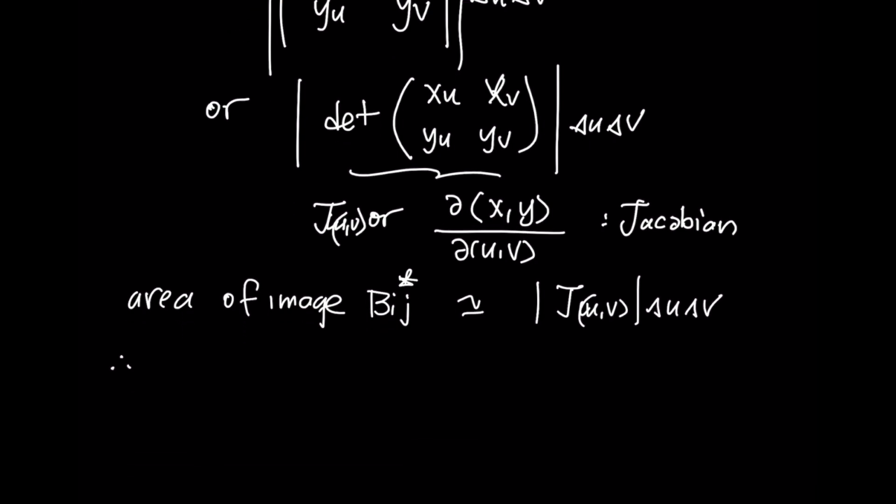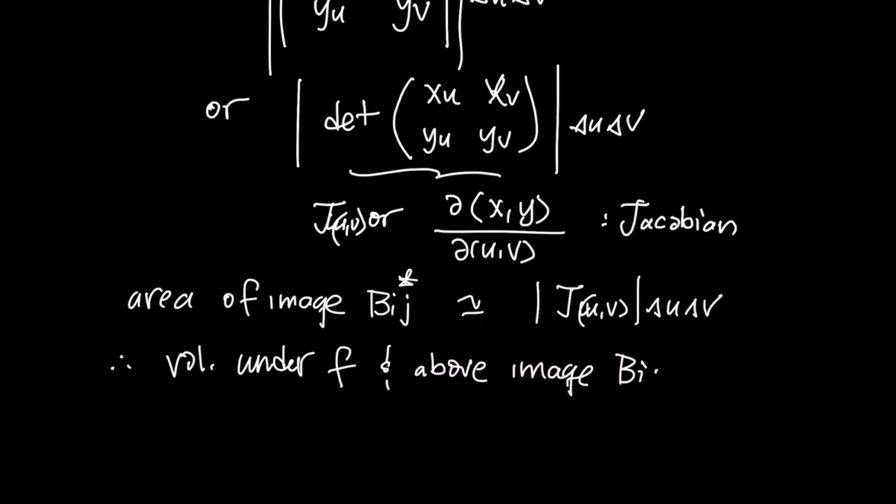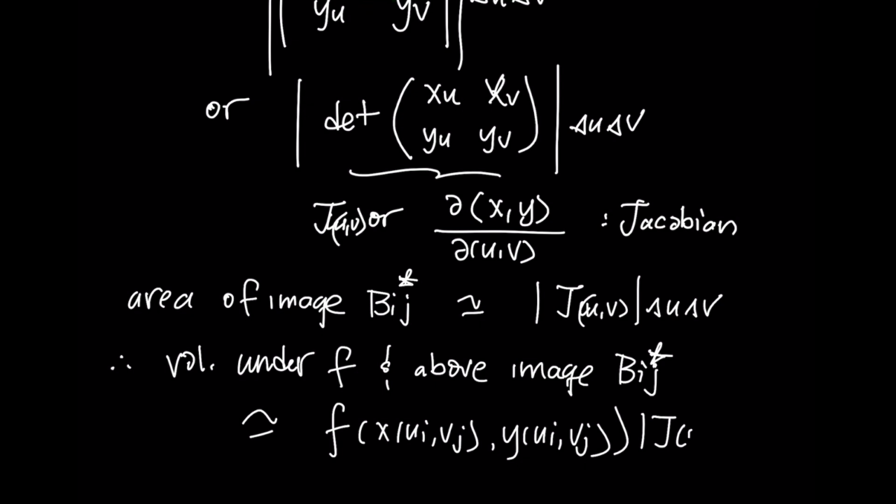Remember that we are trying to find the volume under a function and above one of these patches. So the volume under the function f and above the image of this Bij star is then approximately f of x at ui vj, y at ui vj, times this Jacobian, delta u, delta v.